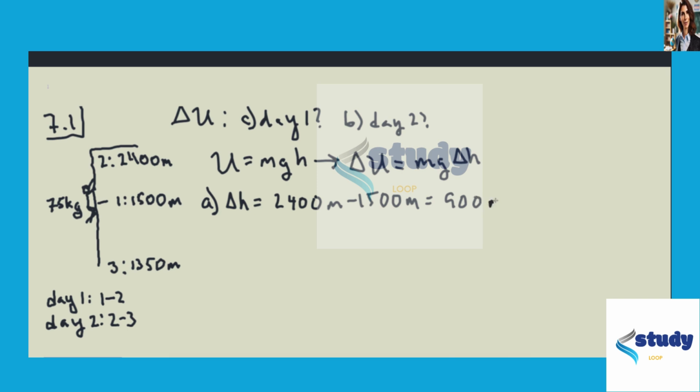Yeah. So delta U, we know, is mg delta h. And so this is going to be positive because this is greater than this. 6.6 times 10 to the 5th joules.